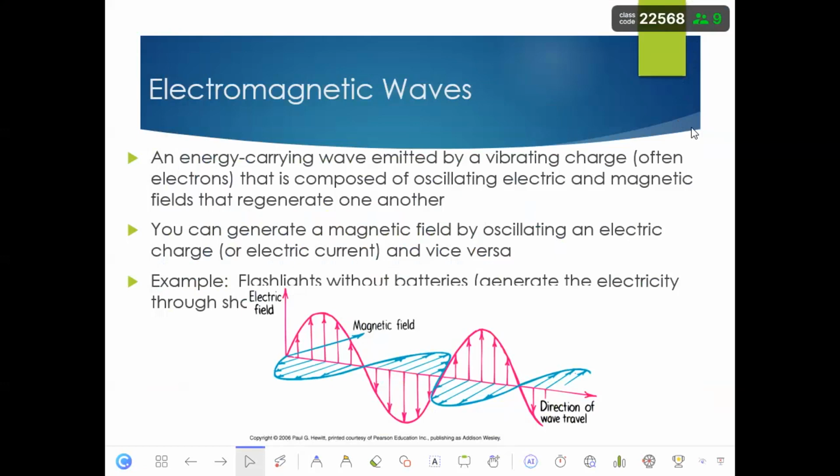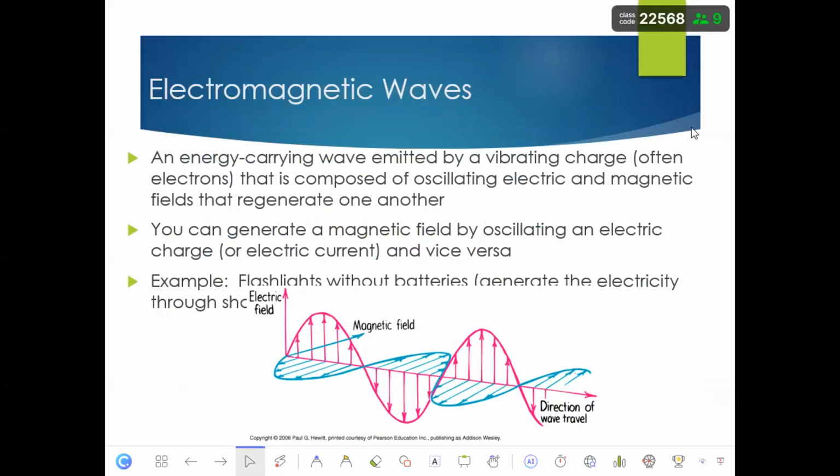When this charged particle starts vibrating, you remember we have a spring, and the object attached to the spring moves up and down. We said that this is a vibration, and we can analyze this periodic motion with a wave. Good.